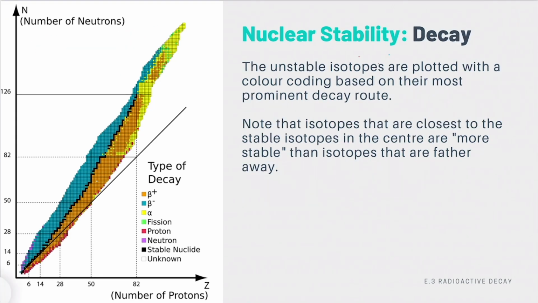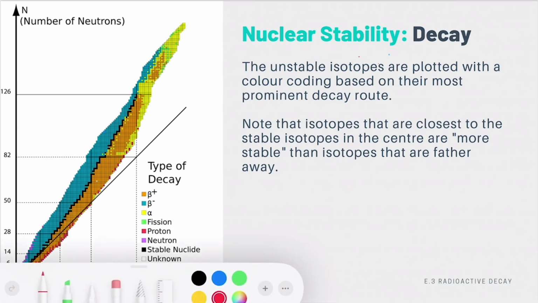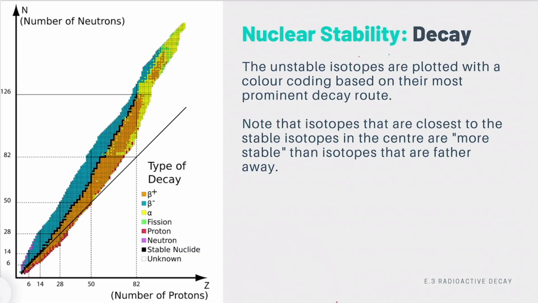You'll notice that we've been specifically looking at the black dots, and these black dots show the stable nuclei in this graph. However, there are other types of dots. Let's have a look at these blue dots. I'm actually going to use a red pen just to show you so it stands out. These blue dots represent different nuclei, or let's be specific, different isotopes.